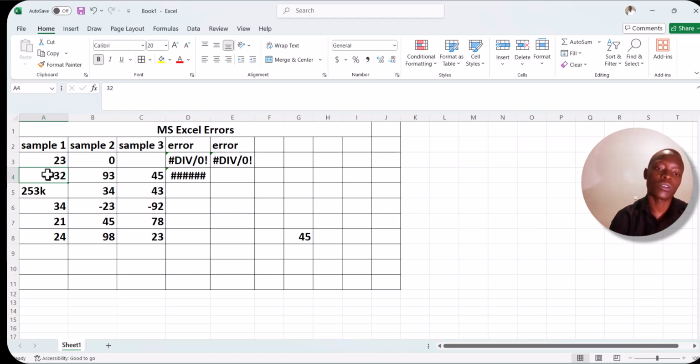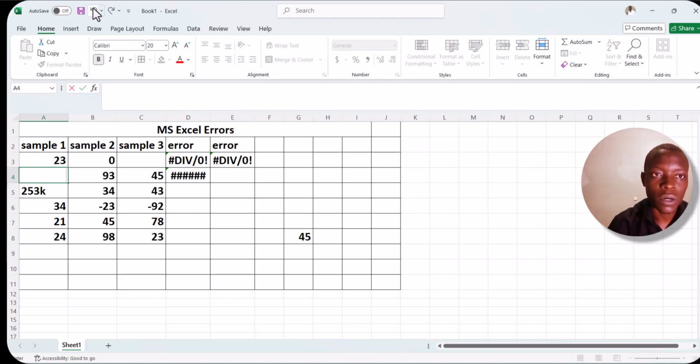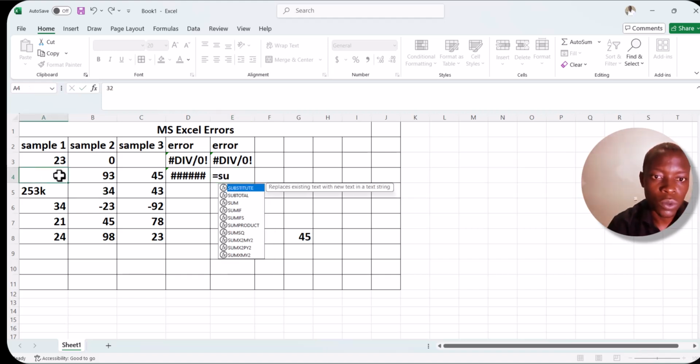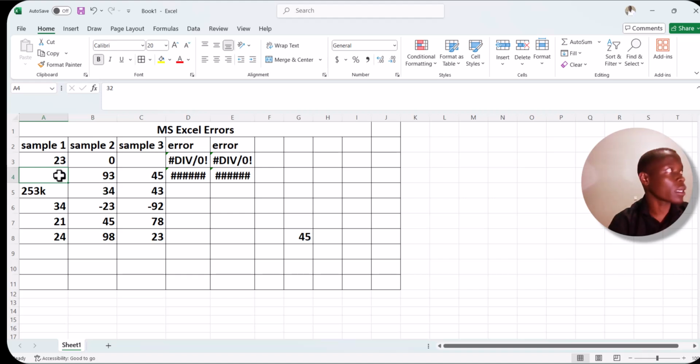It has already shown that it really does not exist. Or let us undo again. We can get that same error when you say equals SU. It is still the same thing. That means there is a typing error within our formula.